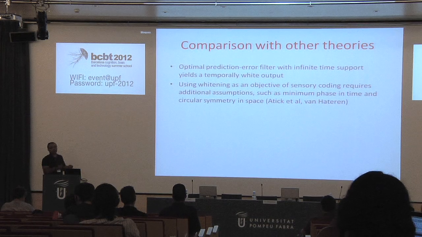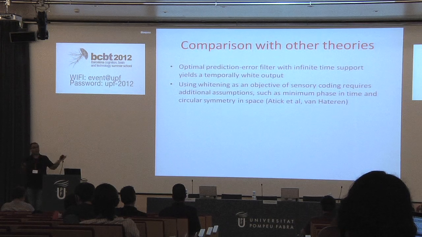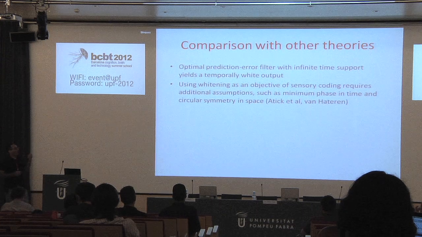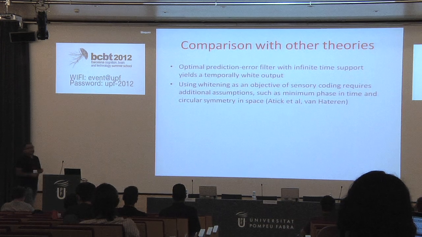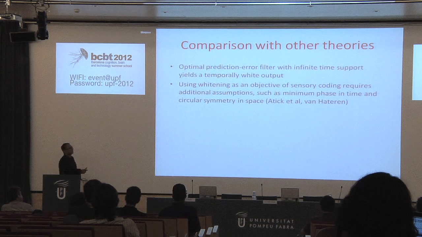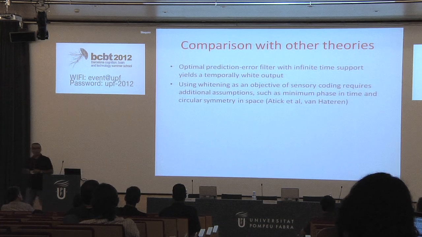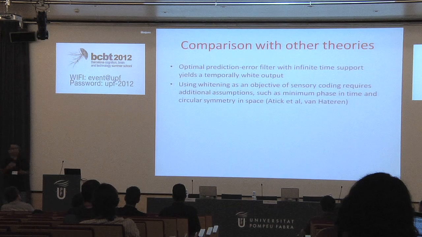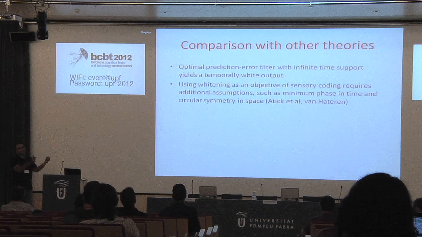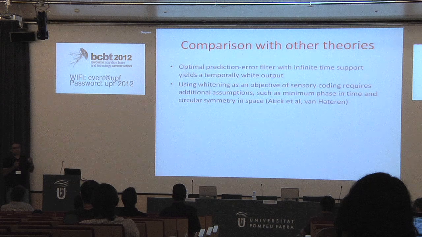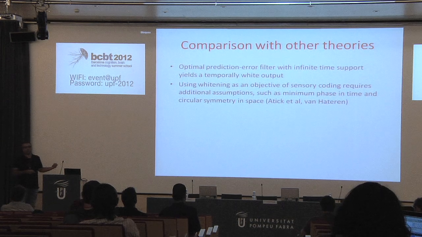And so you compute the optimal filter from the power spectrum of the natural stimulus and the whitening requirement, but then you have to go to real space to come up with those spatio-temporal receptive fields that I showed. If you want to do that, just knowing the power spectrum in the Fourier domain is not enough. You also need to know the phases of the components, and that they don't know.